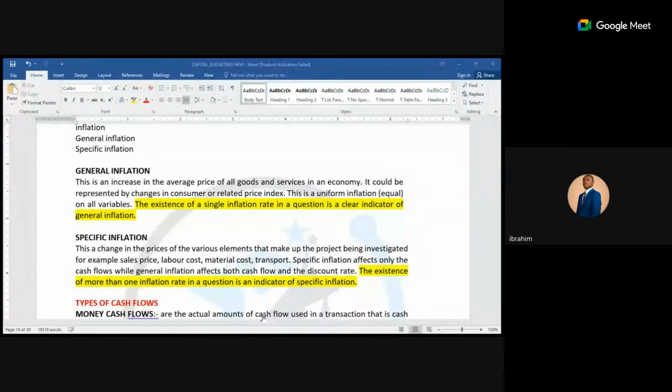When you are calculating your NPV, it is based on what is expected to occur, expected cash flow, expected cash inflow. When you are doing that, you need to consider what we call inflation, the future inflation, based on some macroeconomic indicators. Now, there is what we call general inflation.